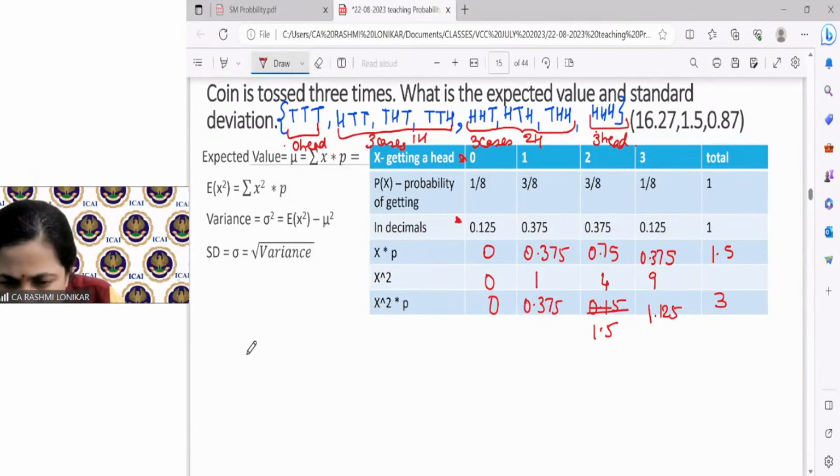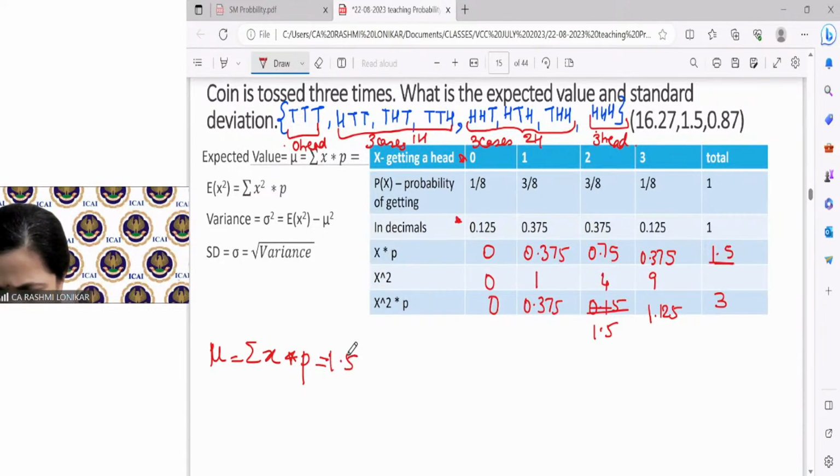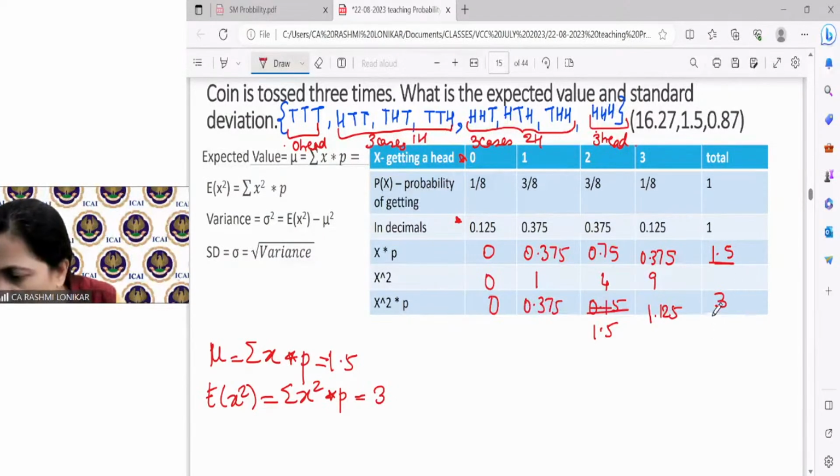Now I will put it over here. Expected value mu is equal to summation x into p. What is the total value? This is 1.5. Then you have E of x square, summation x square into p, which is equal to 3. So variance is equal to E of x square minus mu square.